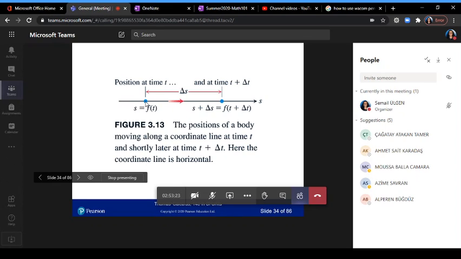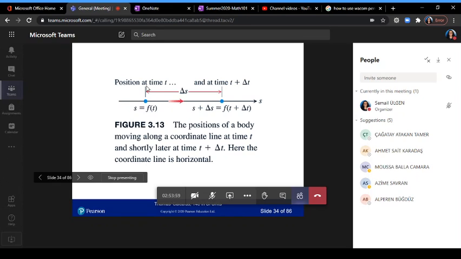At time t, the object is in here, and after delta t seconds or minutes, whatever the unit for the time is, the position of the body is going to be here. So this delta s is going to be the displacement. How far did this body move after delta t minutes. All right, so this picture is good.